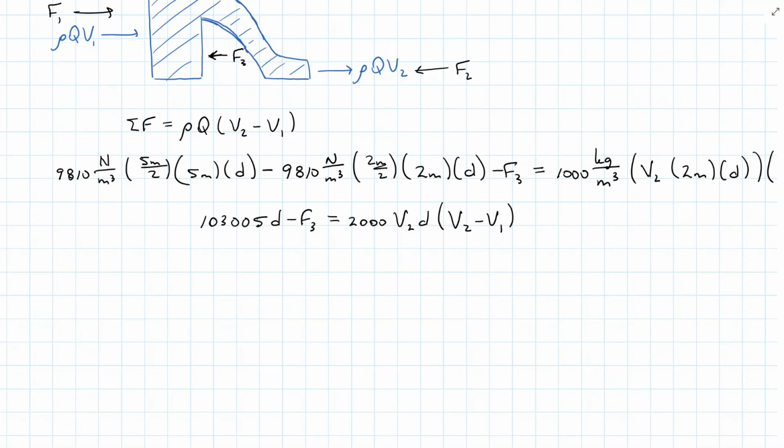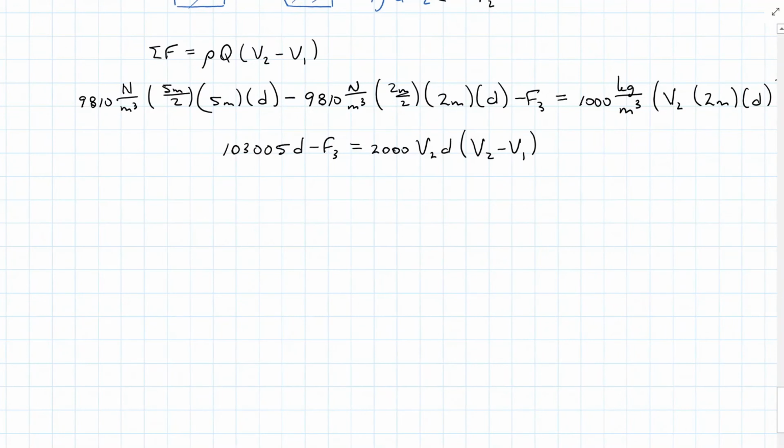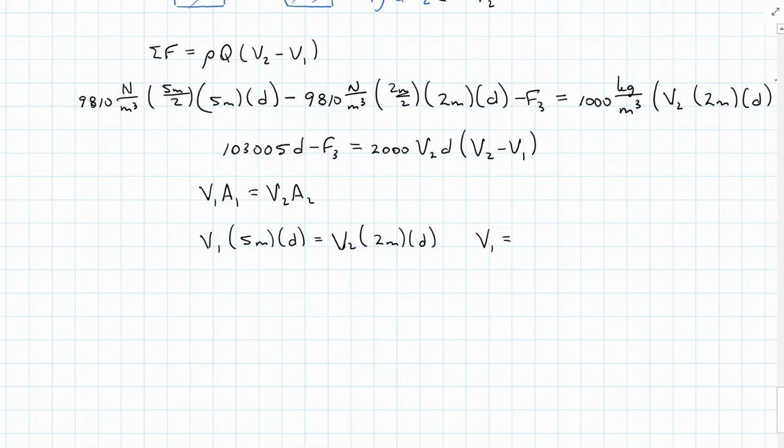Flow in is equal to flow out. So V1A1 is equal to V2A2. So our velocity 1 times the area 1, 5 meters times D, is equal to velocity 2 times area 2, 2 meters times D. And solving for V1, I get it to equal 2/5 of V2.